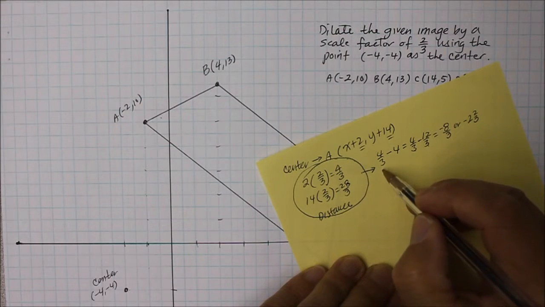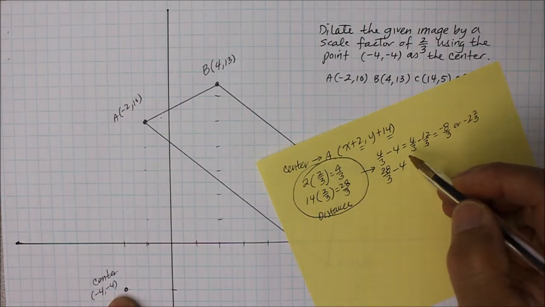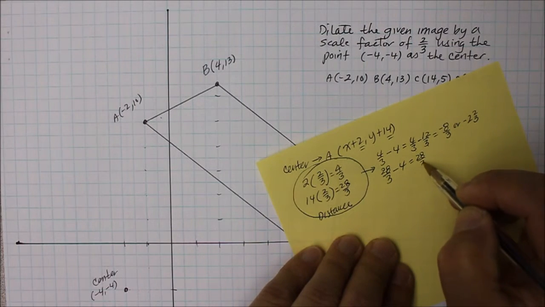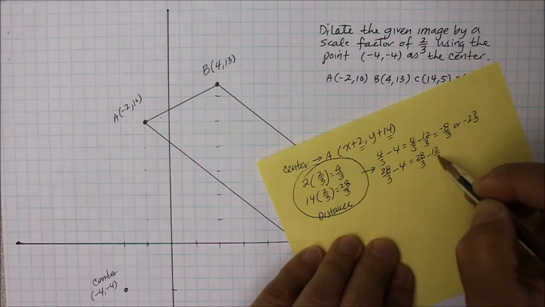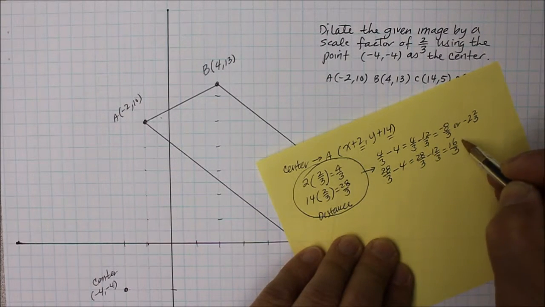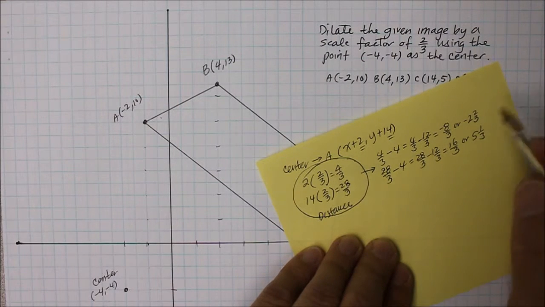And we do the same thing with the y value, 28/3 minus the y value -4. So that becomes 28/3 minus 12/3 again. 28 minus 12 is 16/3, or 5 1/3 when I have to plot it.